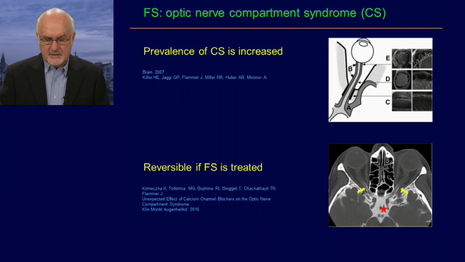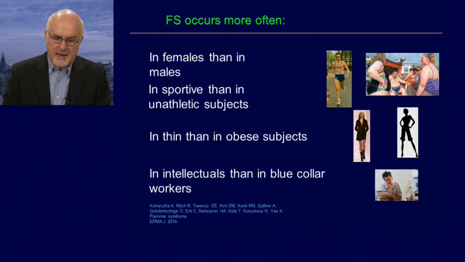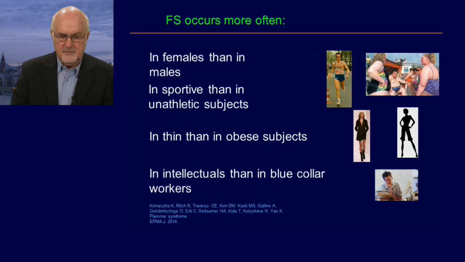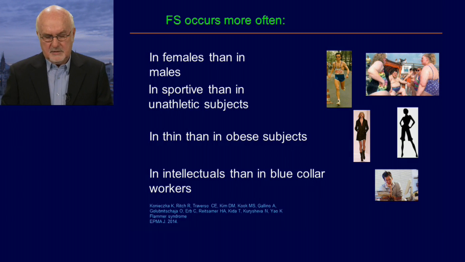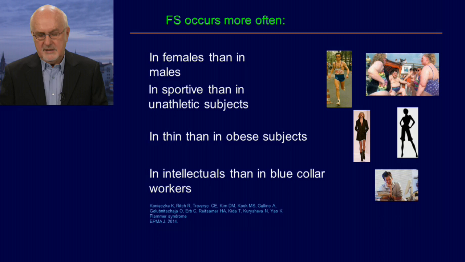The good thing is that if you treat FS, then most often the compartment syndrome is also reversible. FS occurs more often in females than in males, in sportive than in unathletic subjects, in thin than in obese subjects, in intellectuals than in blue-collar workers.